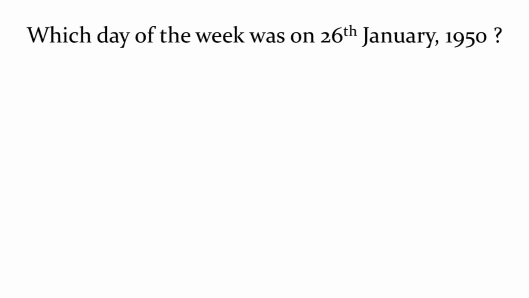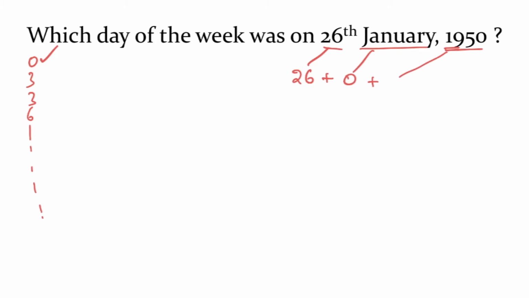Which day of the week was on 26th January 1950? 26th day plus January month code 033 614 625 035. January month code is 0 plus it is 20th century, 19th centuries are already completed.